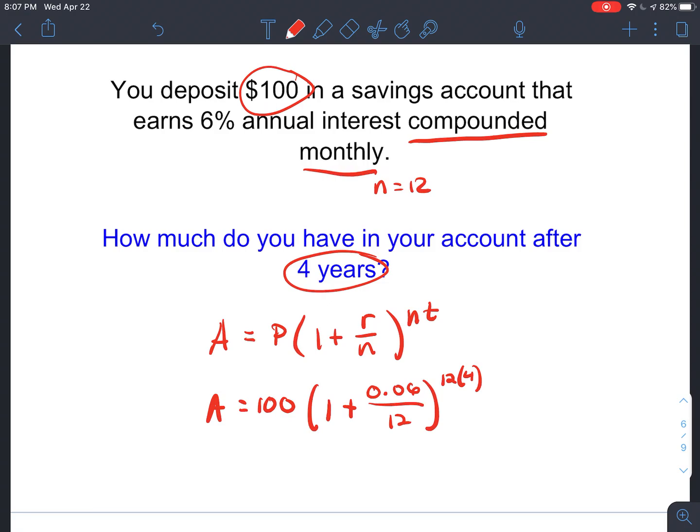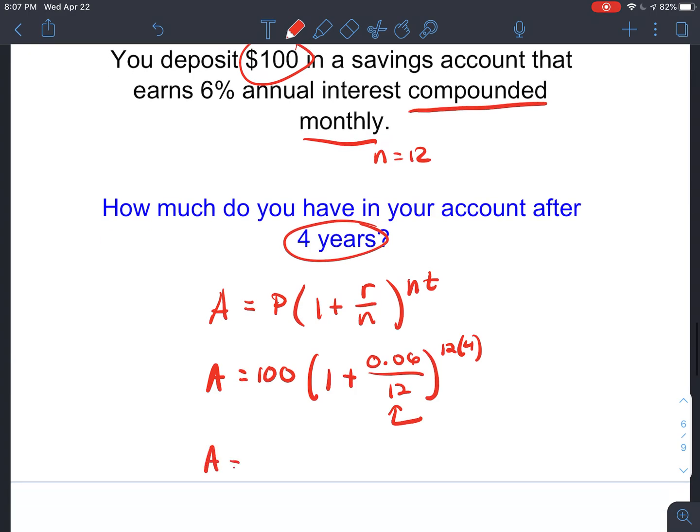Now you can plug this entire value into your calculator. I would recommend using a fraction key for this. But when you do plug that into your calculator all together, you get A is equal to 127.05.